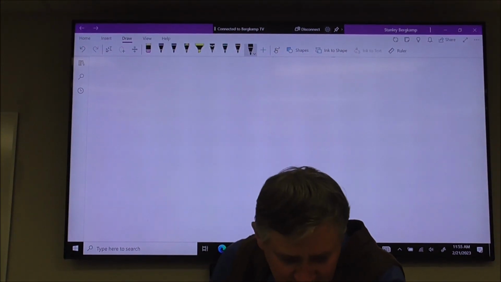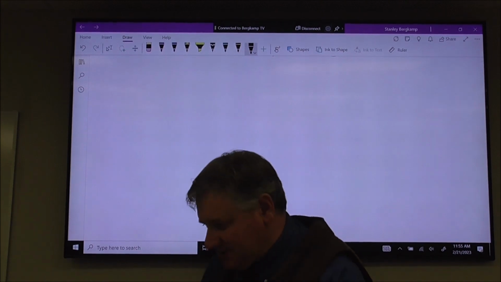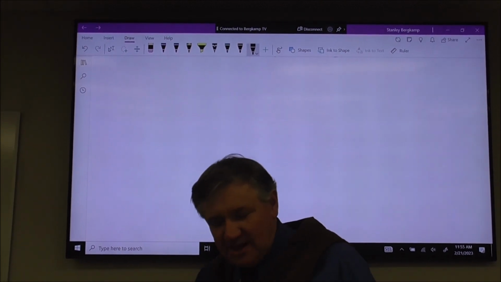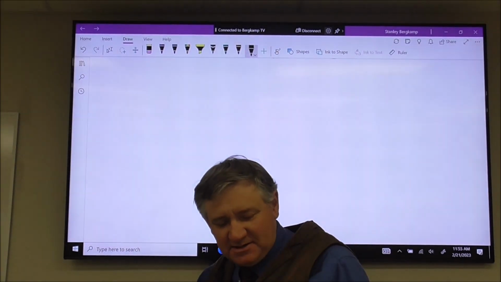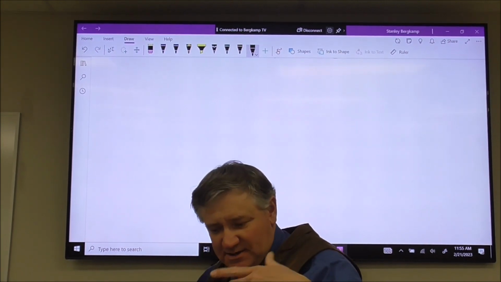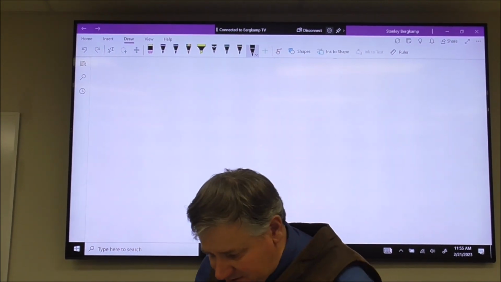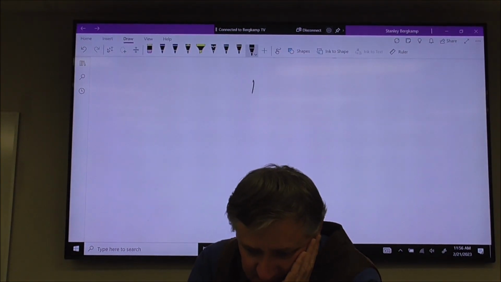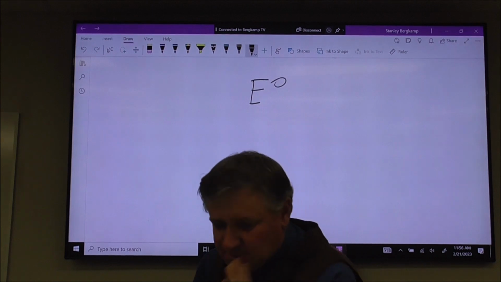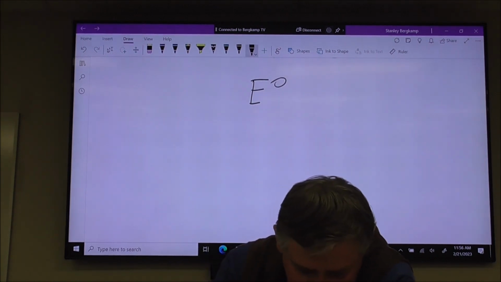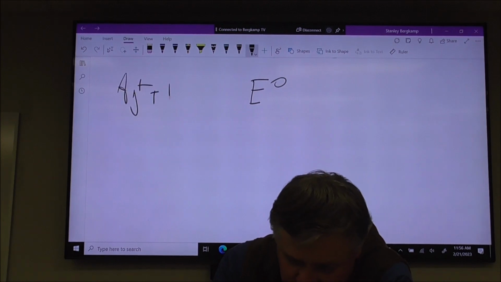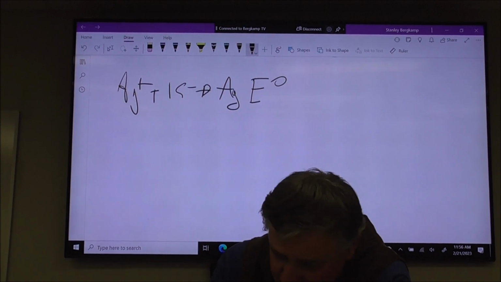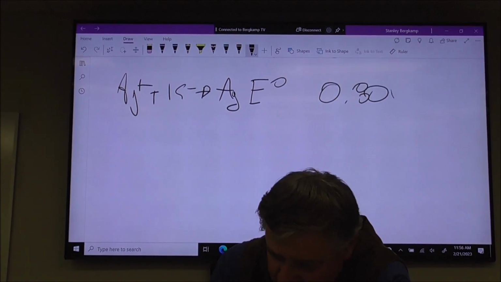So let's chit chat about that assignment from yesterday, because this whole concept of spontaneity, if reactions are going to take place, is going to play out today on the discussion with what's called Gibbs free energy. So when you look at these E naught values, for example, you have Ag plus 1 electron turning into elemental silver at that 0.80 volts.